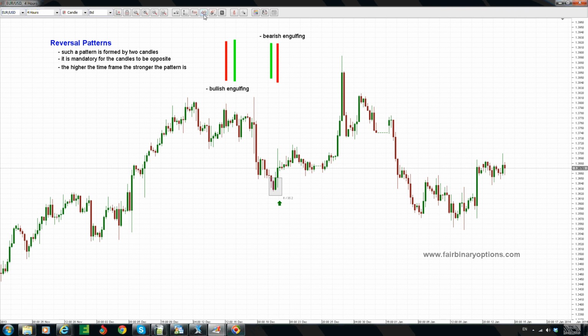So basically, you would like to buy call options here after the bullish engulfing is identified. With the expiration date, it depends very much again on the time frame you are looking at. This is a 4-hour chart. I would like to buy call options here with a short expiration date, something like 1 hour, or even 2 hours for the brokers that allow that.